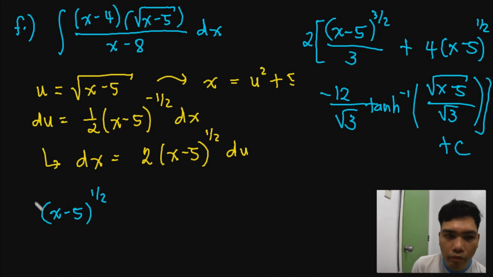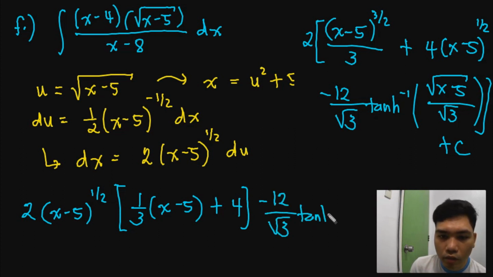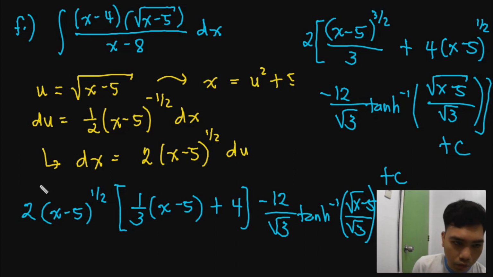And then I'll be left out with one third x minus 5 and then 4 here because this becomes 1, and then minus 12 square root of 3, and then inverse tangent of square root of x minus 5 over square root of 3 plus c. And then this is actually multiplied to all the terms.